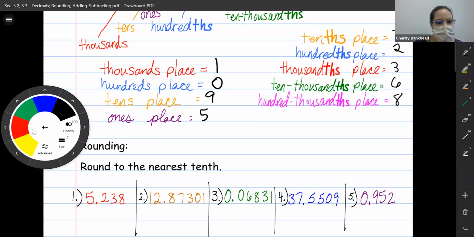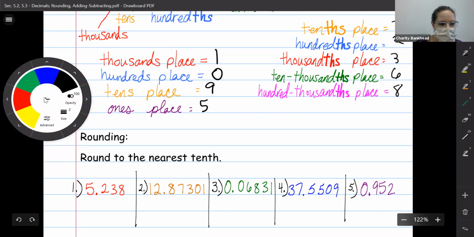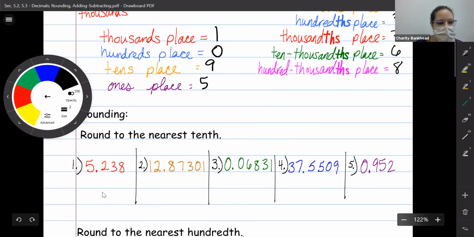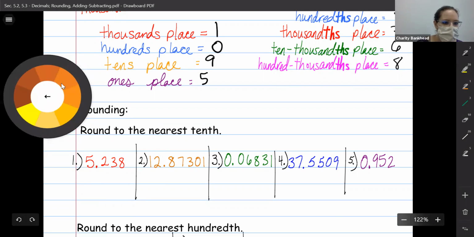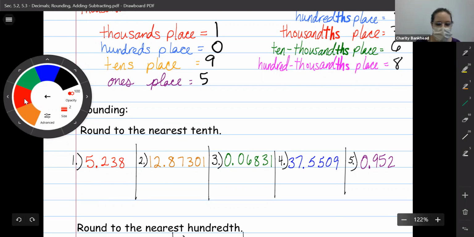All right, so we're rounding to the nearest 10th. The 10th place is the first one after the decimal point. So if we're rounding to the nearest 10th, we're going to look at the number in the 10th place, and then we're going to look at the digit right after that. On number 1, the 10th place is a 2, and the number right after that is a 3.